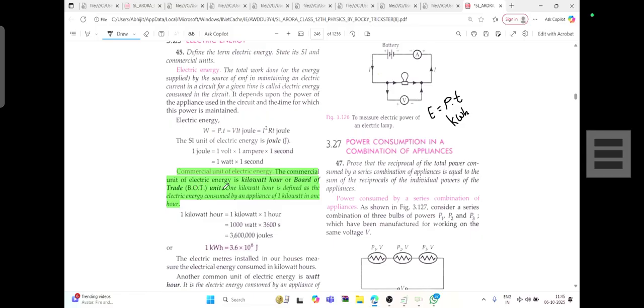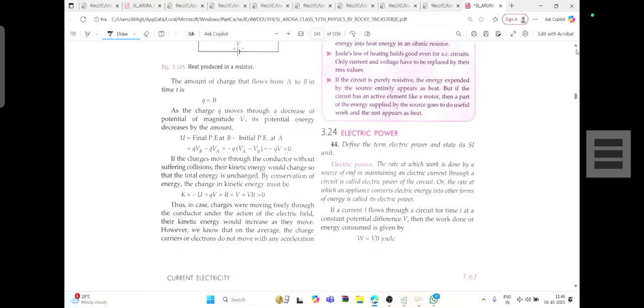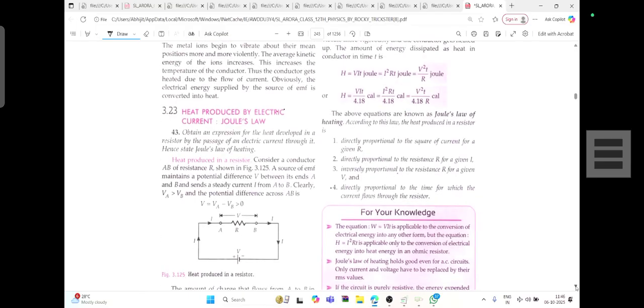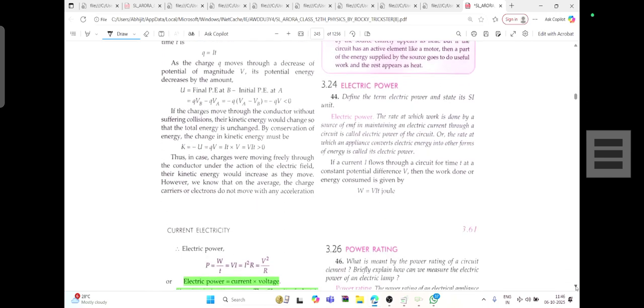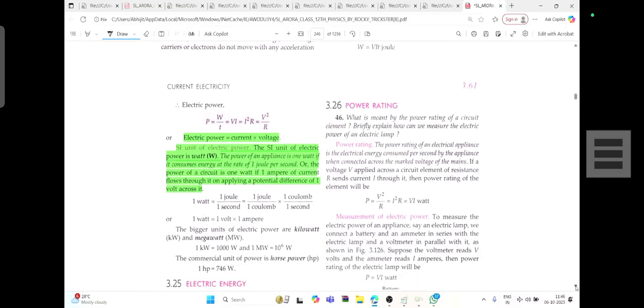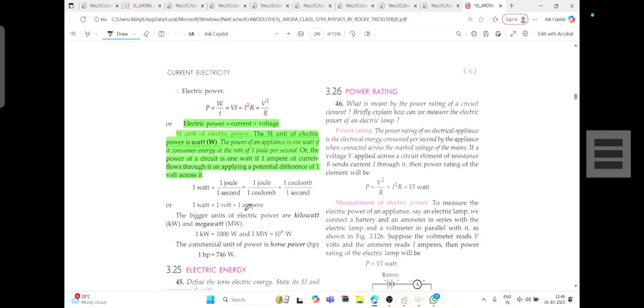Okay, so if you want to express 1 kilowatt hour in joules, I have already discussed that 1 watt is equal to 1 volt into 1 ampere, and you have to remember 1 horsepower is equal to 746 watt, and 1 kilowatt is equal to 1000 watt.